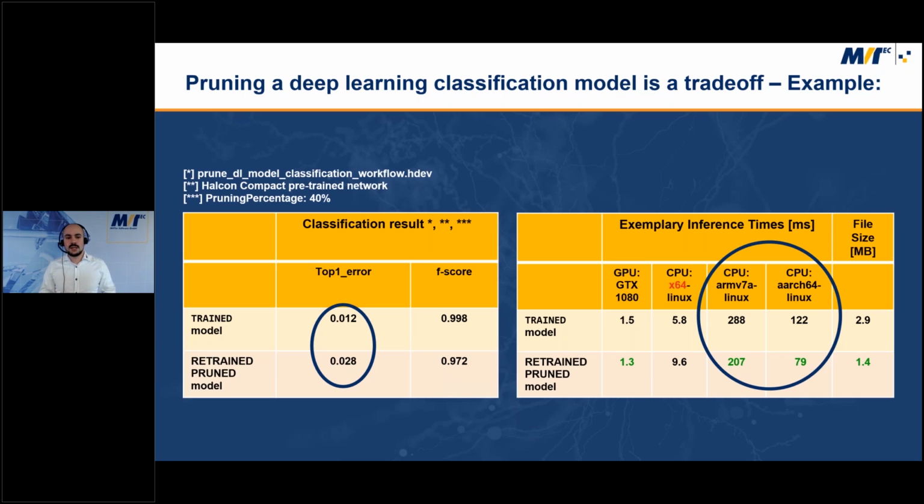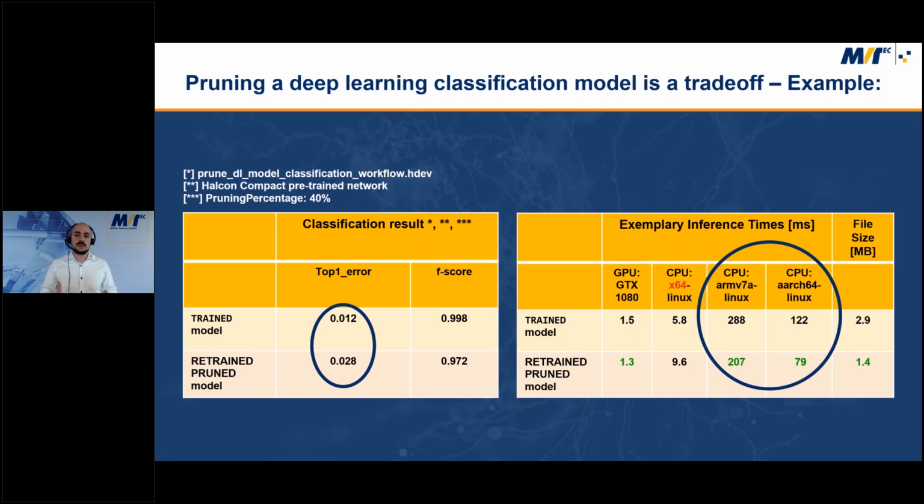But as you can see on the right, especially on this embedded hardware, the inference time we could decrease from 288 milliseconds to 207 milliseconds, or on this ARM64 from 122 milliseconds to 79 milliseconds. And we could also reduce the file size from 2.9 to 1.4.